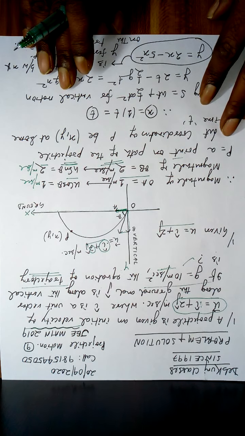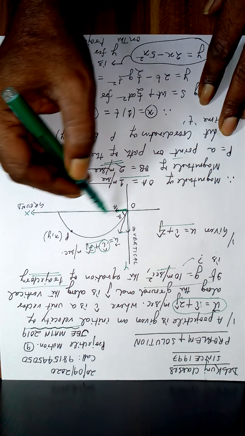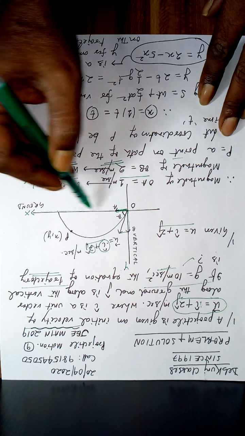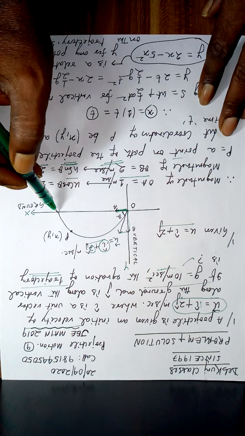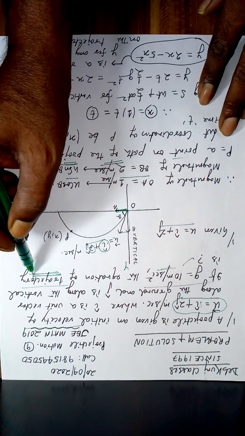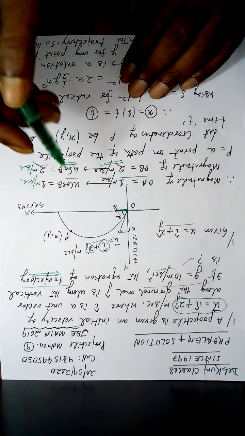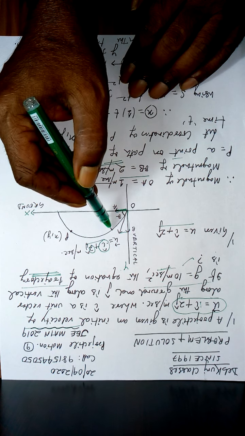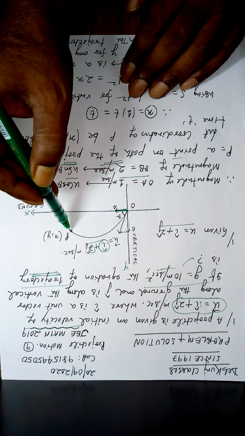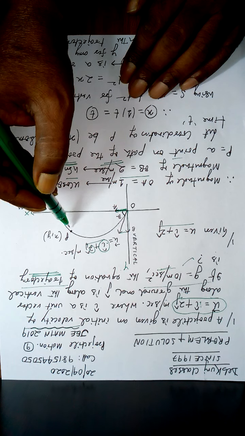Now let us consider a point P on the path of the projectile. This path followed by the projectile is called the trajectory. What is the equation of it? You take any arbitrary point on the path; it will have an x coordinate and a y coordinate.